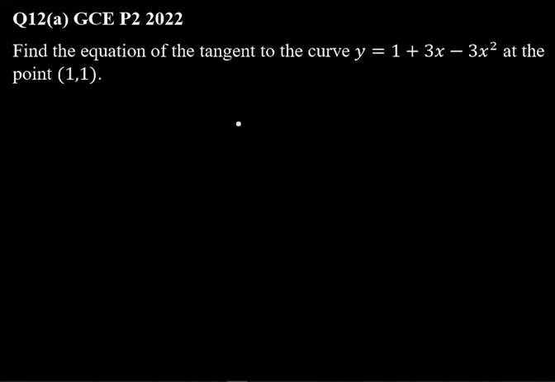The first thing is we need to find the gradient at the point (1, 1), and then find the equation of the line using that gradient and the point (1, 1). So the first thing here is utilizing calculus. dy/dx is going to be equal to 3 minus 6x. This here is our gradient function.